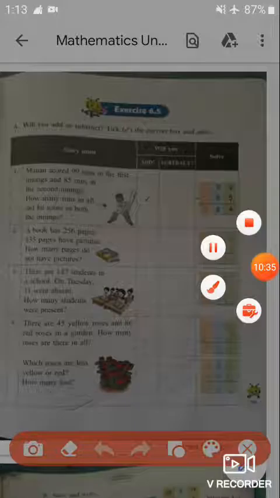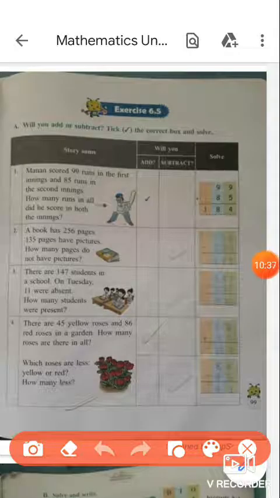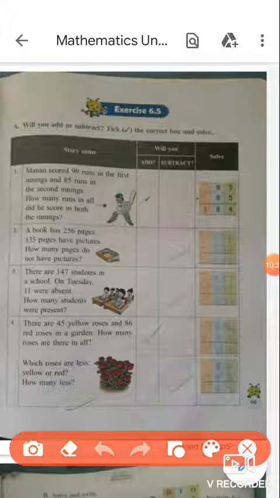A book has 256 pages. 135 pages have pictures. How many pages do not have pictures? So students, here the total number of pages in the book is 256 and 135 pages have pictures.